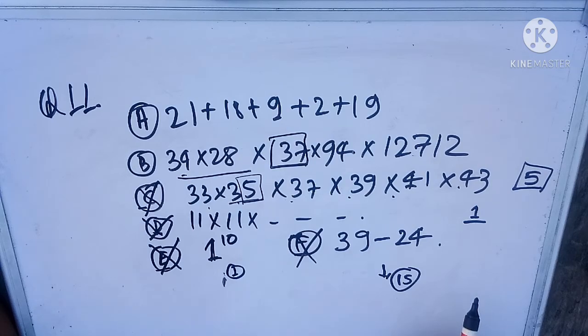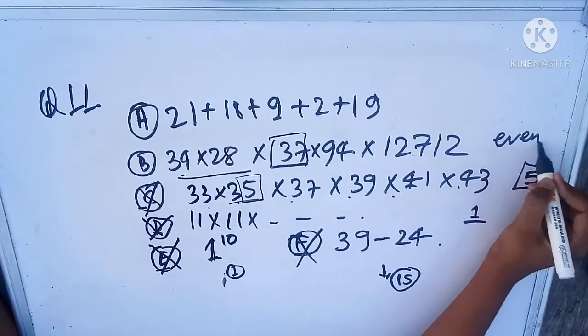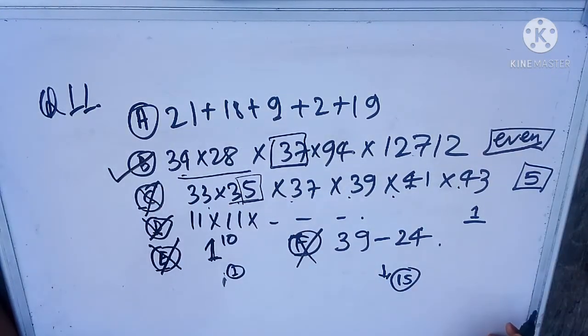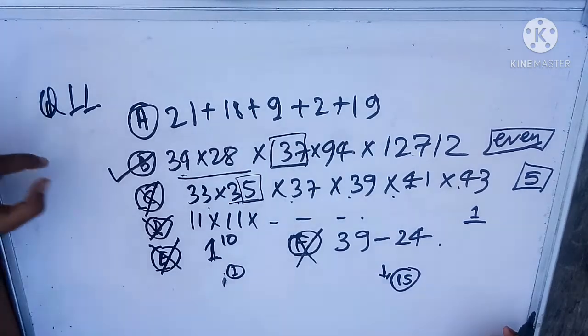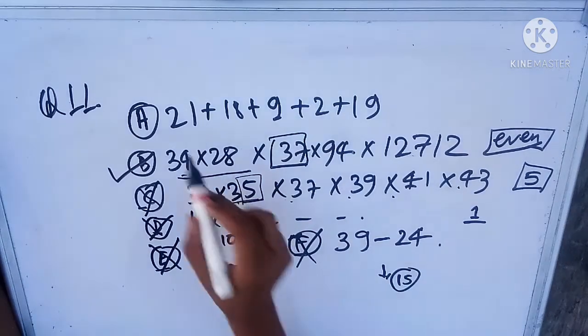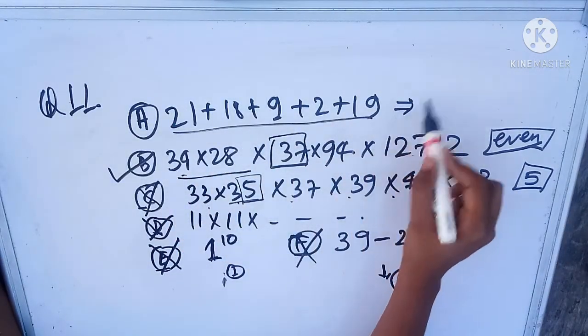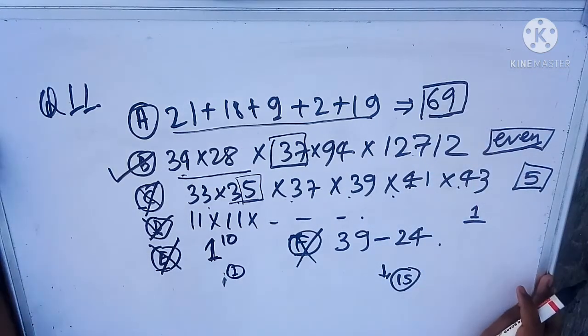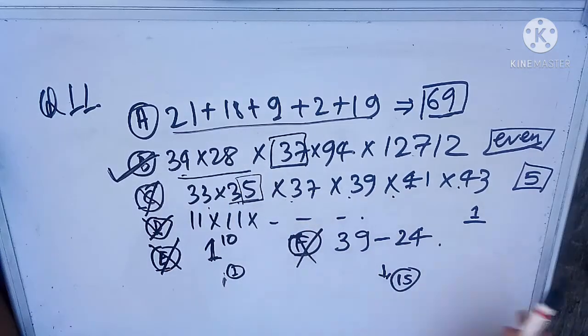The multiplication of odd and even is always an even number. So option B is true. Thus the answer of question 11 is B. And for option A, if we calculate this, we get the number 69, which is also not an even number. Thus the answer of this question will be option B.